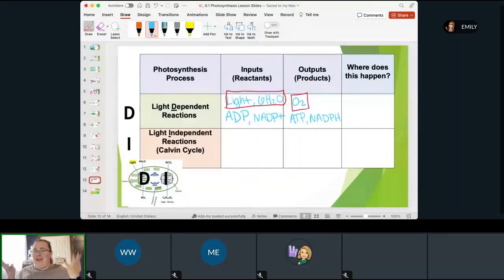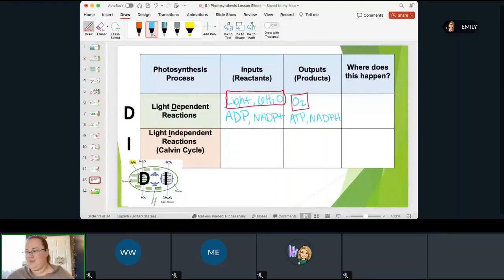Now, where does the light dependent reaction take place? And don't just say the chloroplast. I need a specific part of the chloroplast. Where does this take place? Okay, yes, in our stack of potatoes, or stack of pancakes.